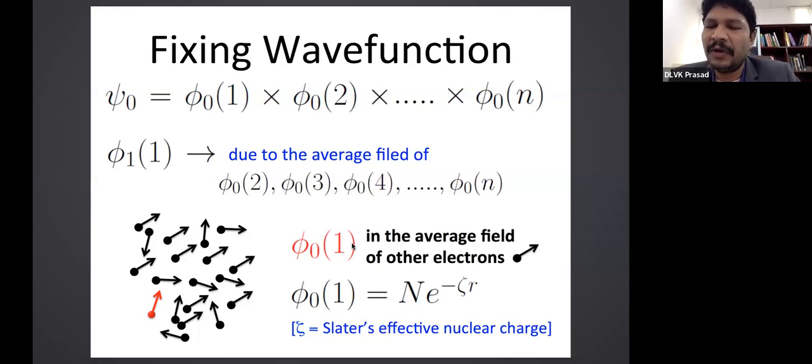The self-consistent field model gives us an approximate, qualitatively approximate or quite well-converged, wave function. Like I told you in the beginning, if you solve the Schrodinger equation, you get the wave function, a quote-unquote good approximate wave function. If you know that, you would know everything about the system, right? So we can fix the wave function. These models will be explained to you by Professor Desigan down the line.